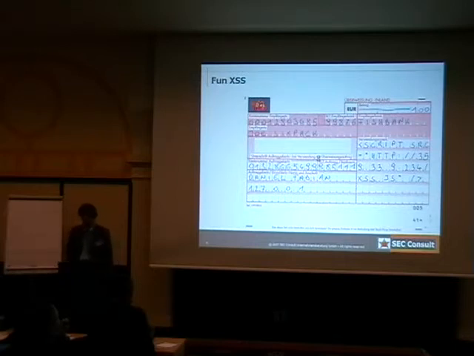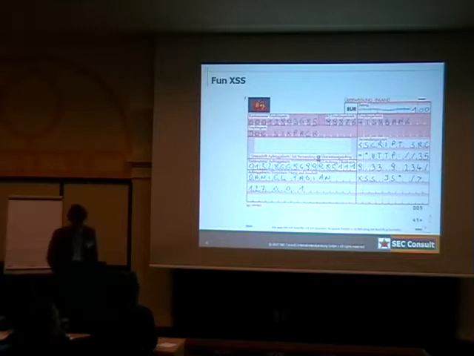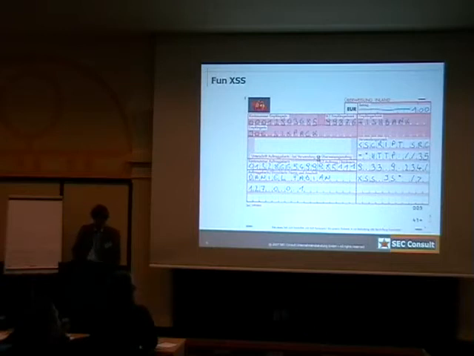Some fun cross-site scripting that I'm not sure anyone has ever tried. I didn't, but I just made the scan for this presentation. You just fill out a transfer sheet and wire some money to some of your friends, or not so much friends, whatever. And as notes to the payee, you include some JavaScript.